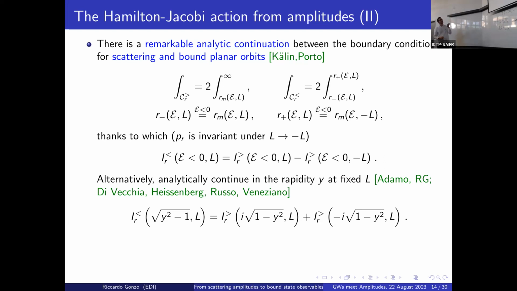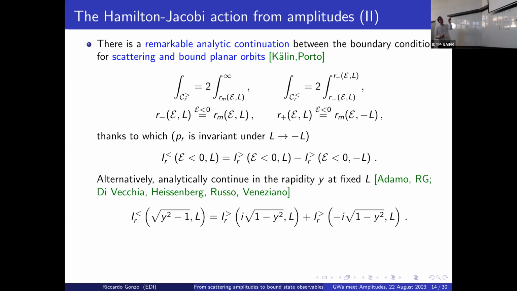You can analytically continue in the energy, and you can find that R minus in the bound case is related to the minimum distance turning point in the scattering, but also R plus is related by a different analytic continuation.